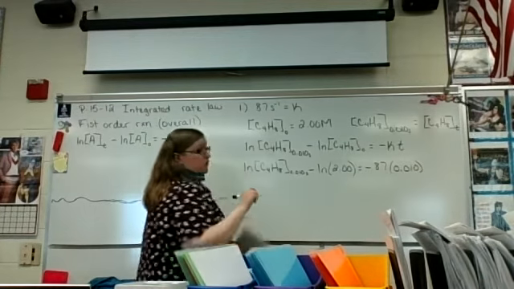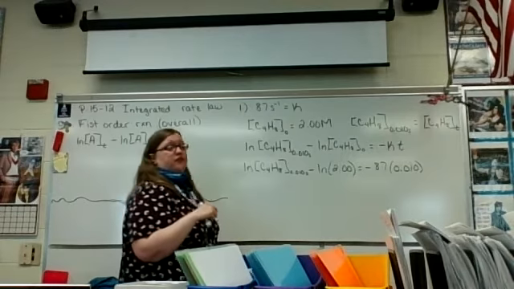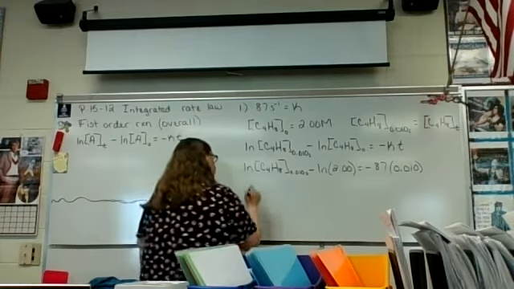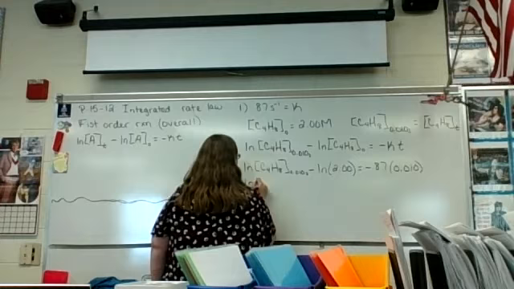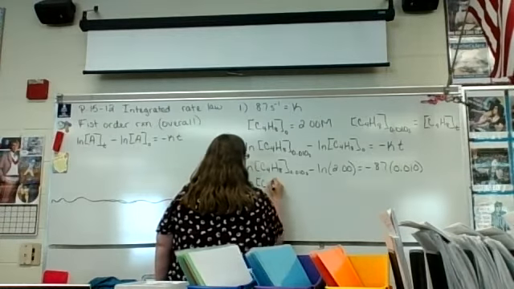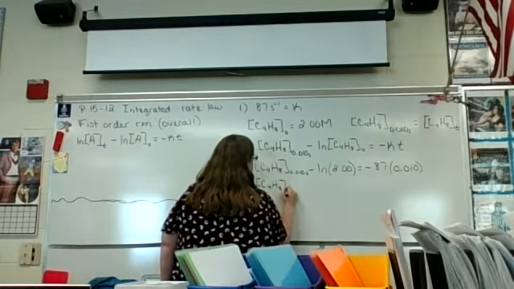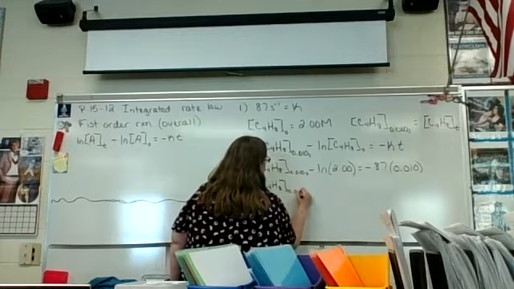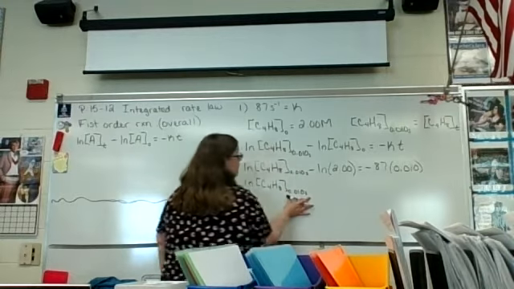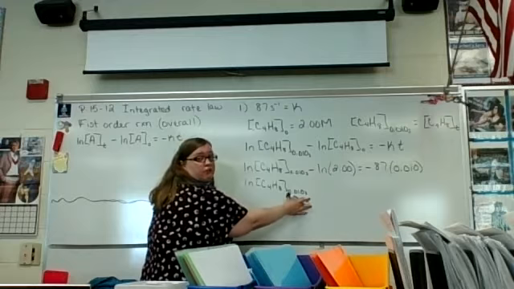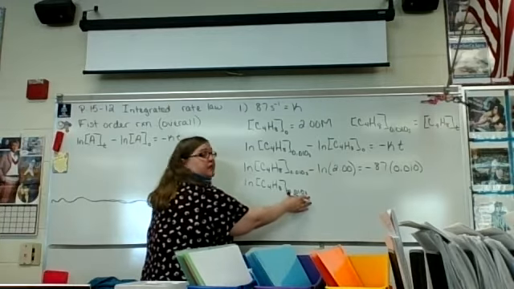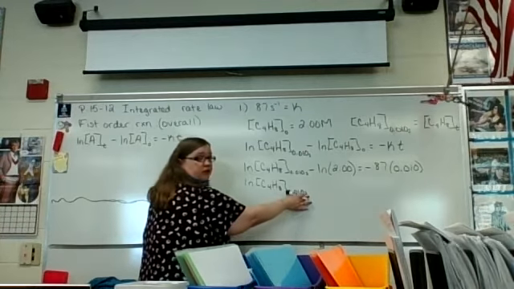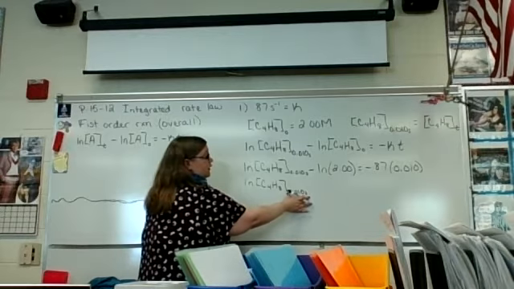So just plug that into your calculator. We get the natural log of the C4H8 concentration at 0.010 seconds. Now, this is just a subscript telling us what time we want. That is not going to come into play in the equation at all.